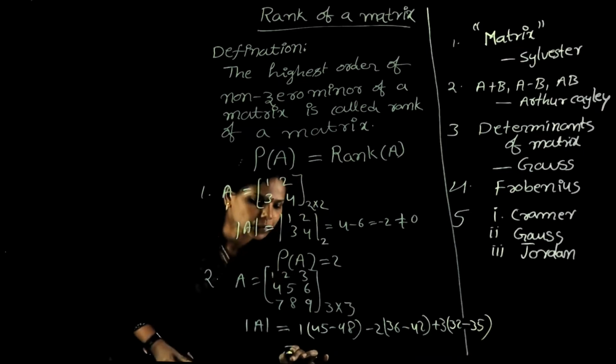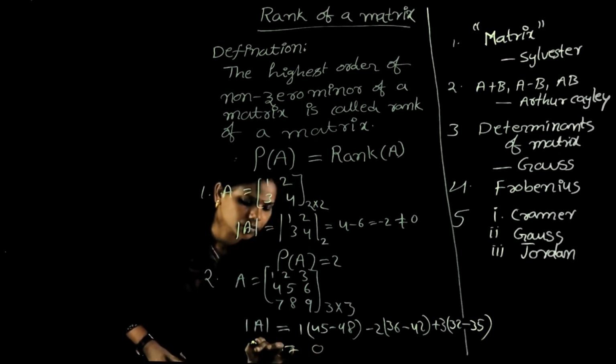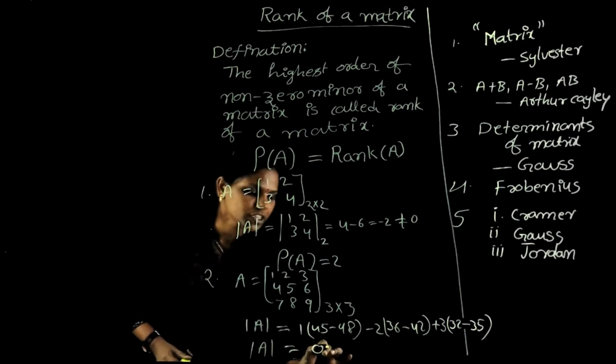Now simplify. If you simplify this, it will be 0. Determinant of A is equal to 0.